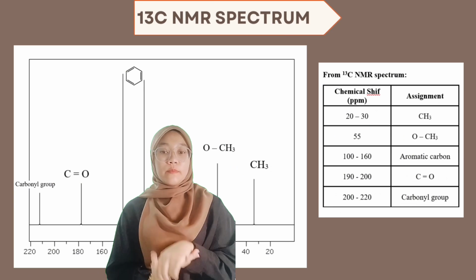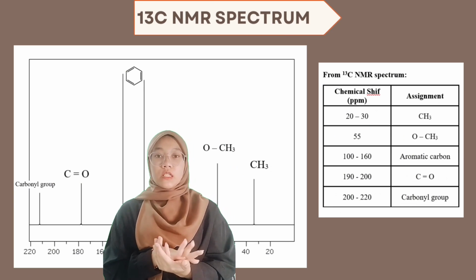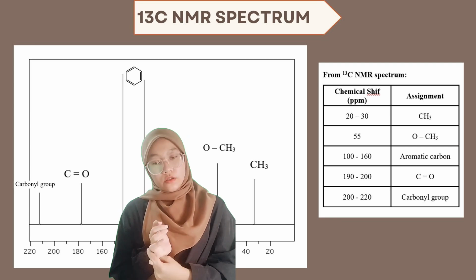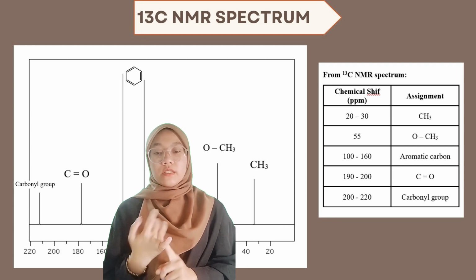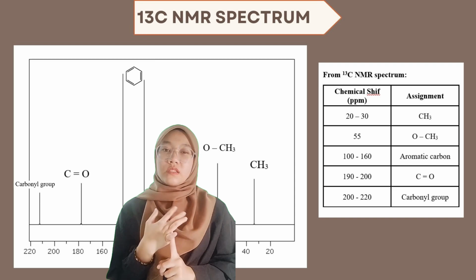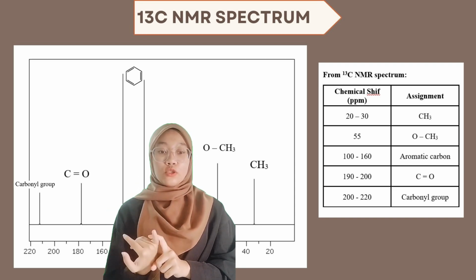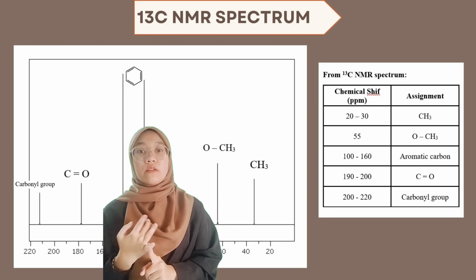Okay, for the carbon-13 NMR analysis, we can see first the carbonyl group. This shows a distinct signal around 190 to 220 ppm, corresponding to carbon in a carbonyl environment.